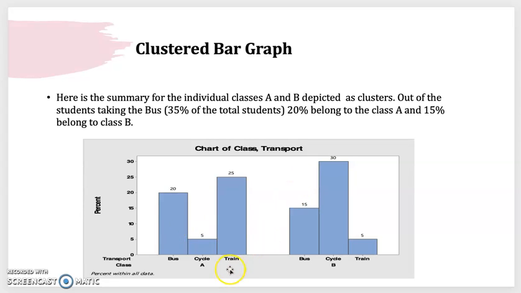You can quickly see that class A doesn't use the bicycle so much. They use the train more. But for class B, most students use the bicycle and use the train less. That's what we call the cluster bar graph.